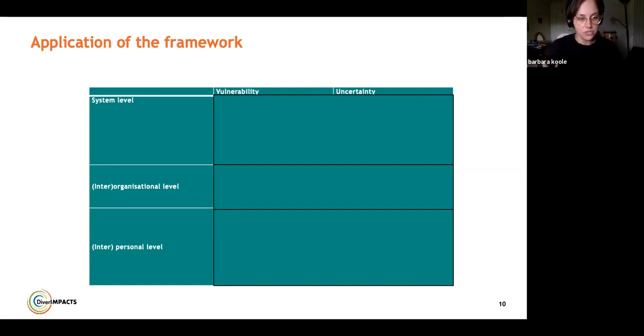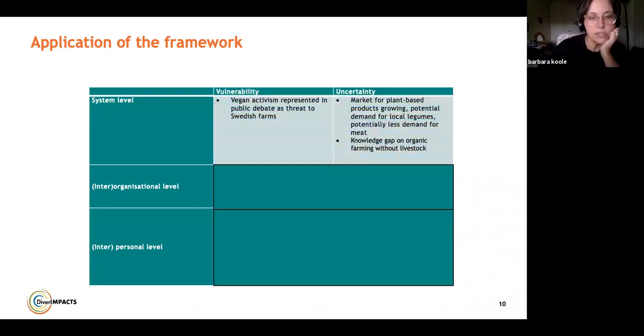What I did is that I looked into what is actually going on here. Why is there this controversy, when it seemingly goes against the interest of some of the participants? So I first looked at the system level, and I looked at vulnerability. One thing that became really clear is that vegan activism, in the public debate, so on television, in newspapers, etc., is often represented as a threat to Swedish farms.